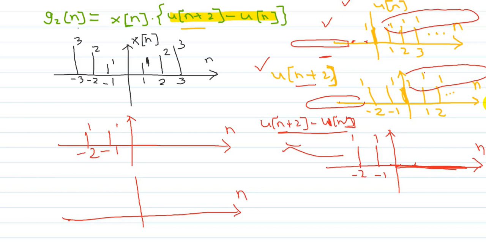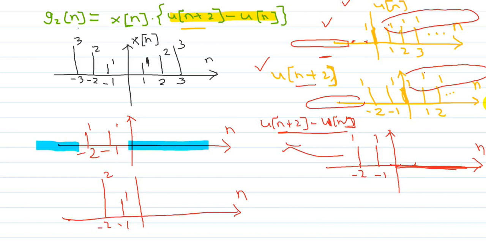It's quite clear that at minus 1 the amplitude is 1 and 1, so 1 multiplied by 1 will give me 1 at minus 1. Similarly, at minus 2 the amplitude here is 1, and the sample value for x of n at minus 2 is 2, so 1 multiplied by 2 will give me 2 here. All the remaining values are 0, so 0 multiplied by anything will give me 0 here.